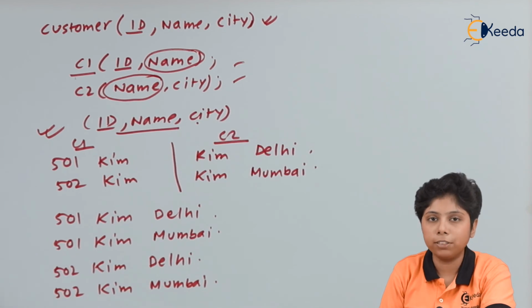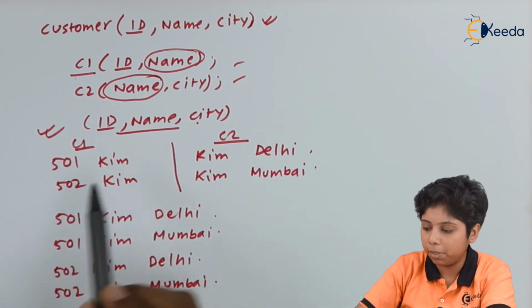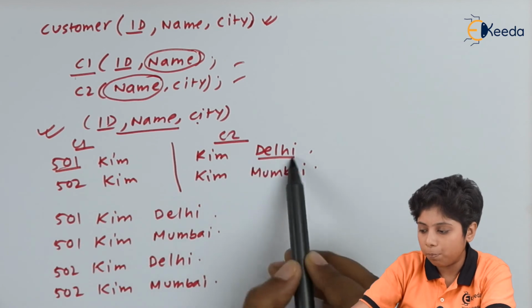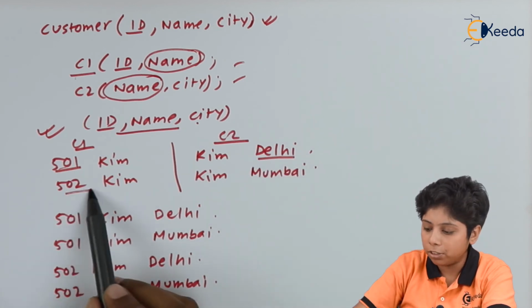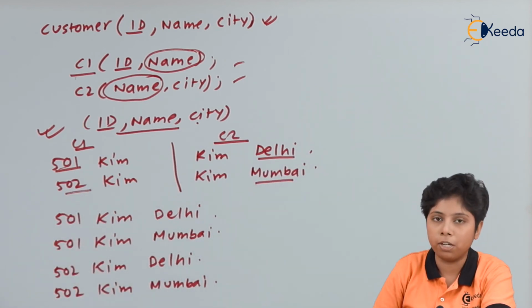Now we have lost our data, as we cannot tell whether 501 is representing Delhi or 502 is representing Mumbai or not.